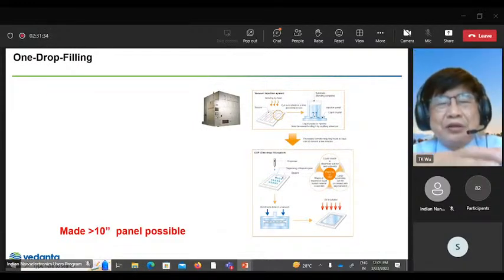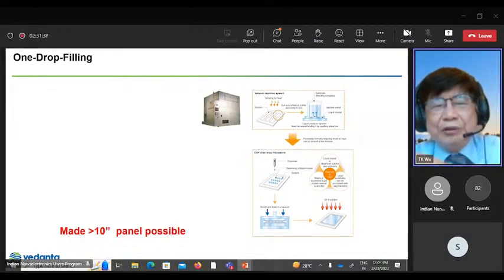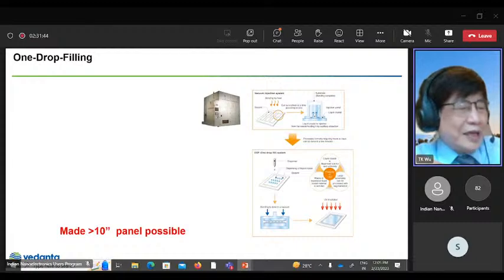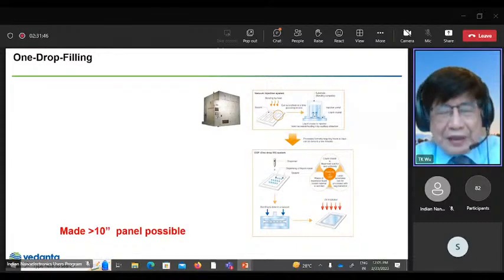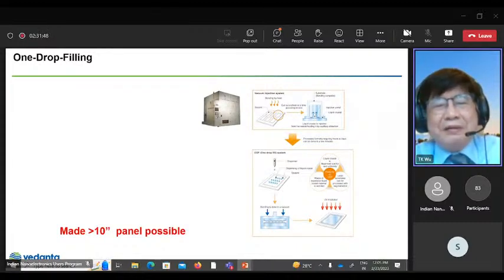Then the two substrates are assembled, and we cure the sealant to seal the liquid crystal inside the panel. That's the fundamental concept of ODF. The concept is simple, but there are a lot of things we have to solve.